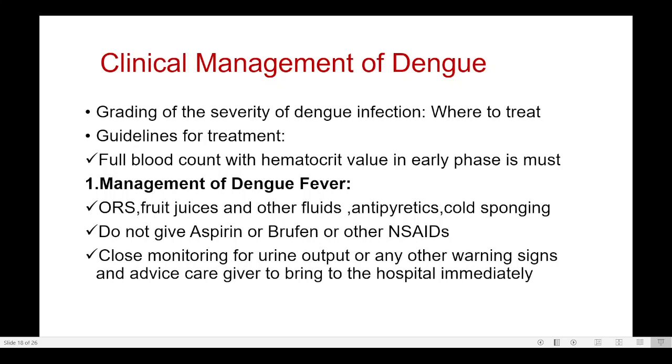In case of aspirin, there is also the possibility of Reye's syndrome, that means involvement of the liver, which gives rise to jaundice. Another most important thing, other than hematocrit value, is vital signs, the urine output and any other warning signs, and the caregiver is advised to bring the patient to the hospital immediately. Always keep watch on warning signs, and if they appear in the patient, bring that patient to the hospital immediately.